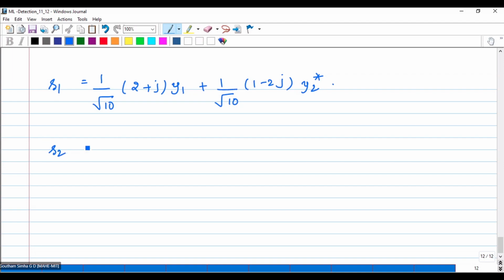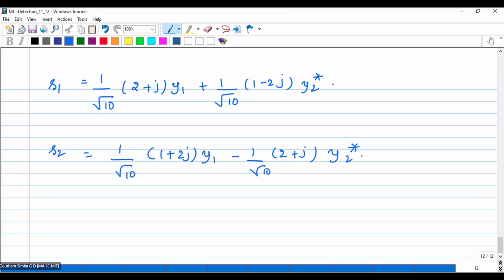Similarly, to extract s2, what do I have? 1 by root 10 (1 plus 2j) y1 minus 1 by root 10 (2 plus j) y2 conjugate.